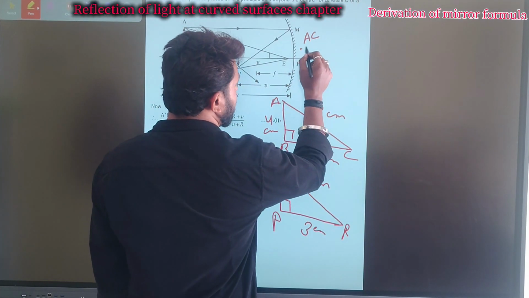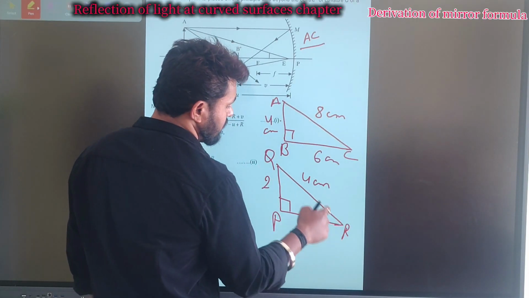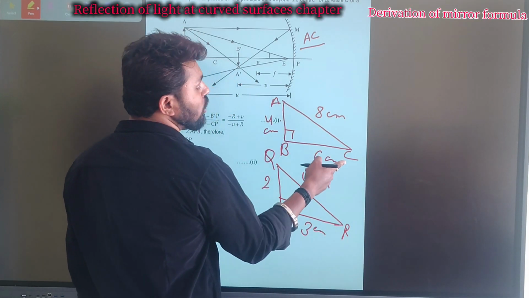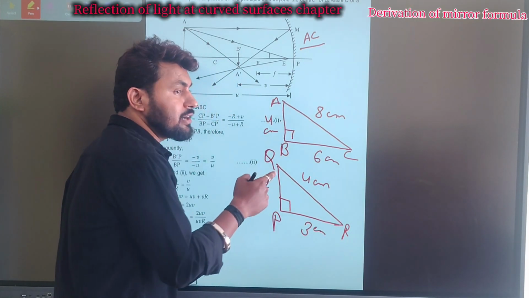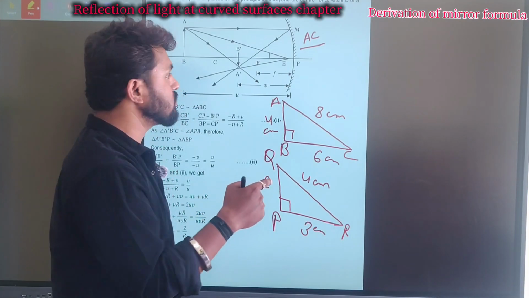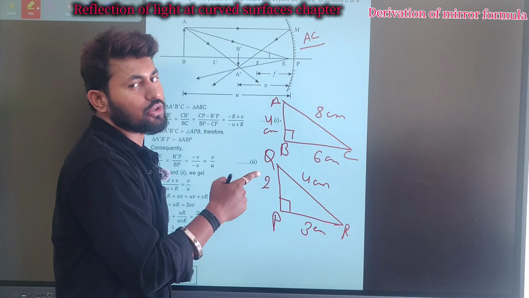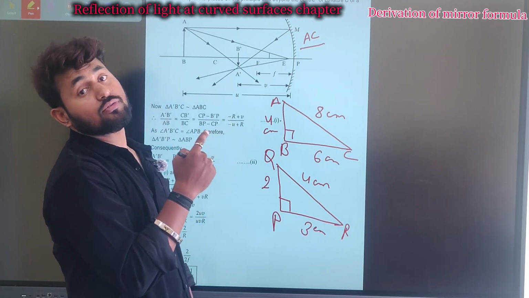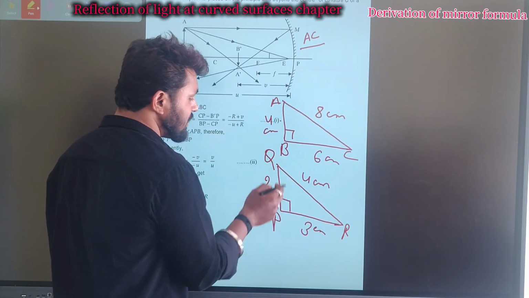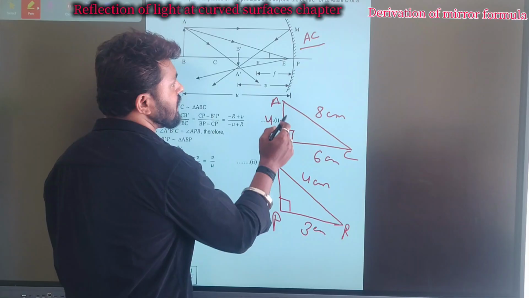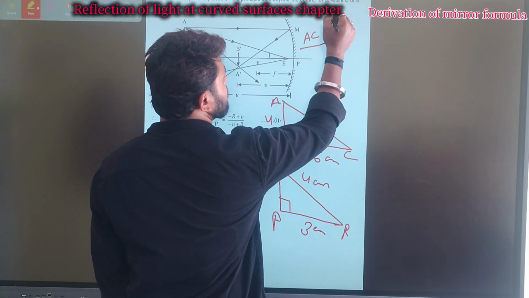Let me take the ratio of AC by the longest side in the right angle triangle, which we call the hypotenuse. So I am taking the ratio of those so that you will understand what the ratio of the sides is.